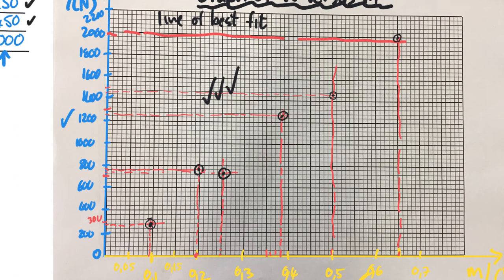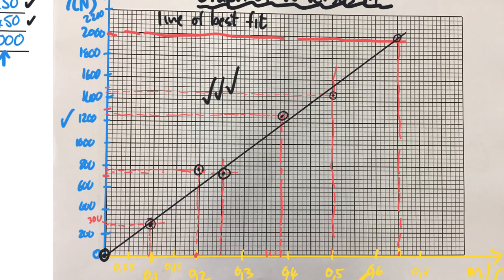So we take our line. We know for a fact that when the object's mass is 0, it means there is no object, so the weight will be 0. So we now draw starting there. If we drew that line, that would not be a good representation of the data.